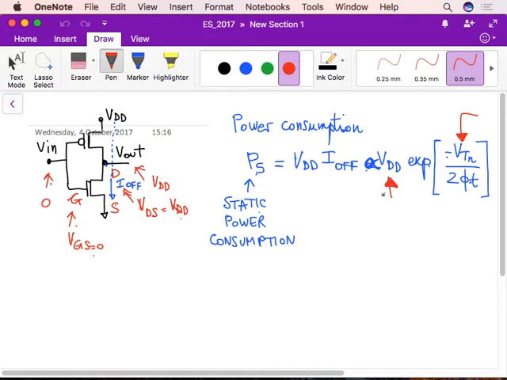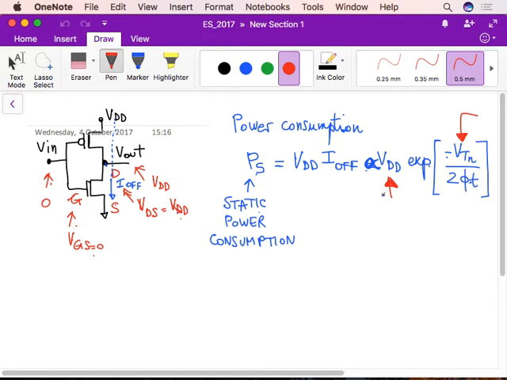It started not to be true anymore, because of a simple reason: the supply voltage was reduced with the reduction of the size of the transistors, and also the threshold voltage was reduced, because when you reduce the supply voltage, you need to reduce also the threshold voltage a bit. Otherwise, you cannot fully switch on the transistors.